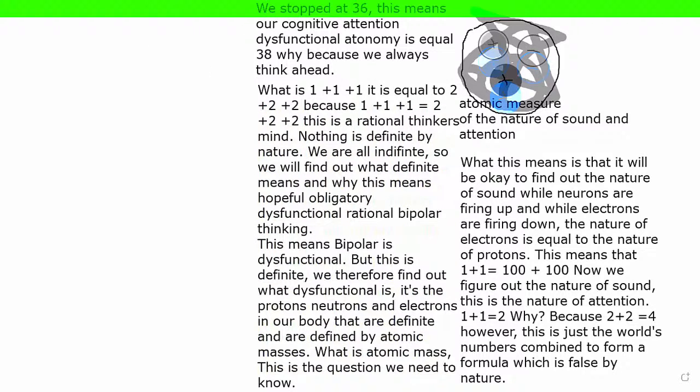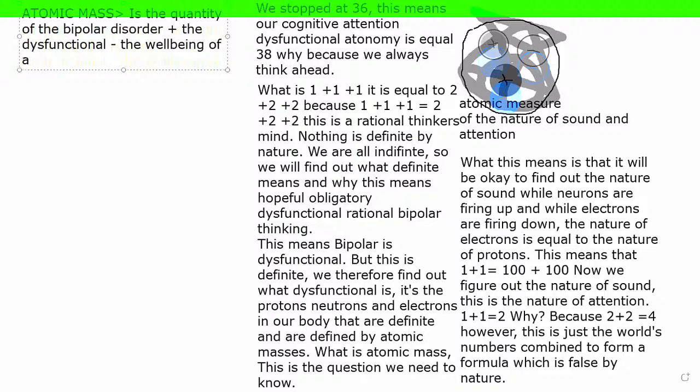Okay, I hope you're writing some stuff here. Atomic mass is the quantity of the bipolar disorder plus the dysfunctional minus the well-being of a proton and a neutron.